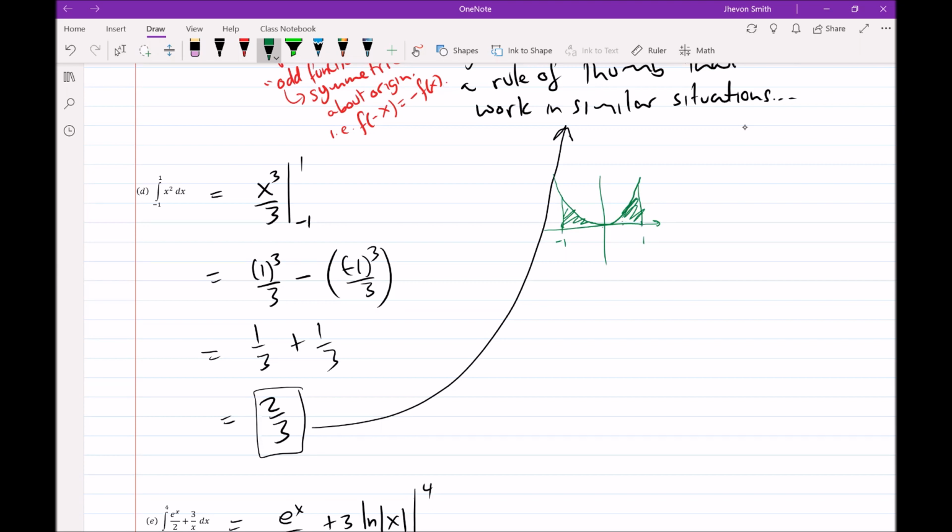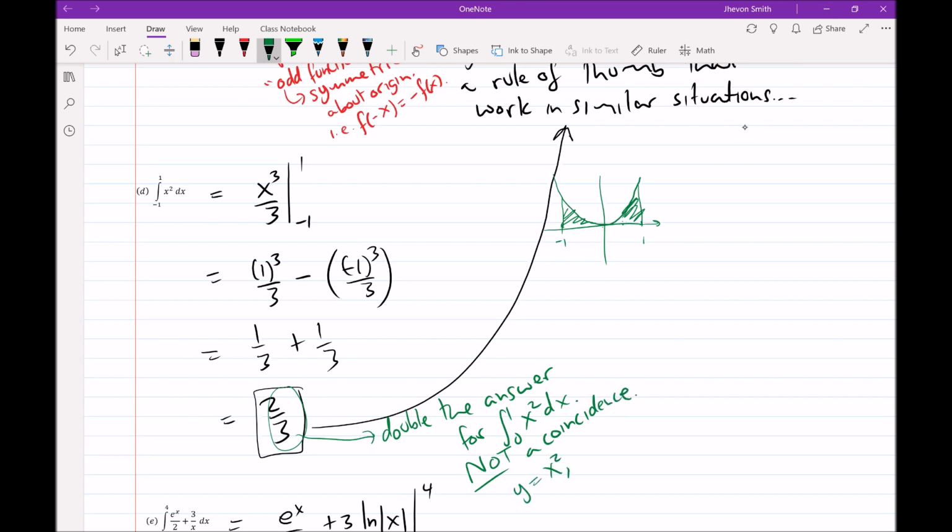You'll notice that this answer here was actually double the answer for the area from 0 to 1. And I want you to realize that's not a coincidence. Since y equals x squared is symmetric, the area on the right and the area on the left are the same about the y-axis. It is called an even function.